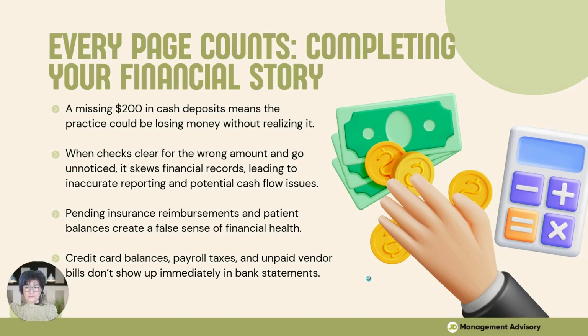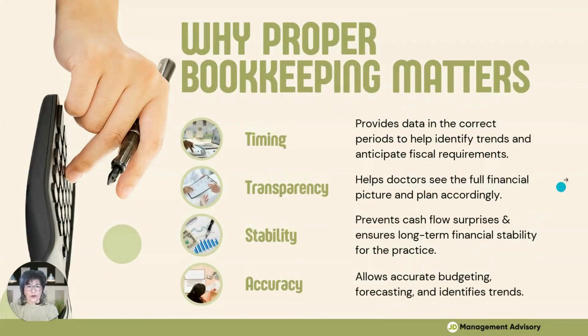You have a multitude of items that will not be appearing on your bank statement, and therefore should still be reported in your accounting system, not only for your cash position, but also because it's important to have things recorded in a specific period, because this will allow you to do some forecasting and budgeting based on actual trends in your financial standings.